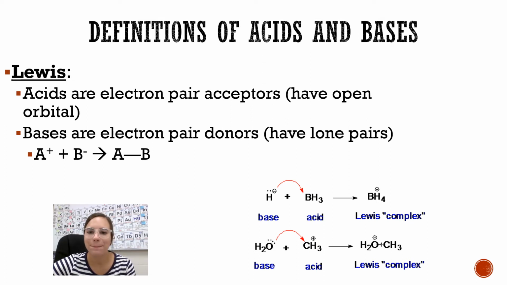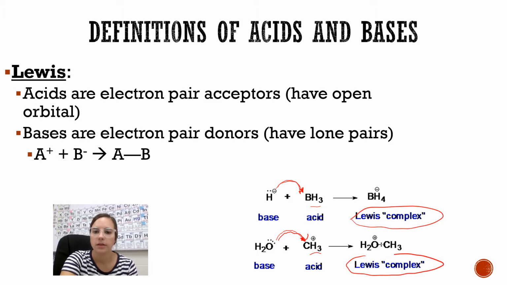A Lewis base is something that can donate an electron pair. And so you can see in these two examples, here the base is donating the electrons to the acid. Again, here the base is donating the electrons to the acid, and it forms what's called a Lewis complex. Again, we're not going to see these very often. You just need to be aware of that definition.